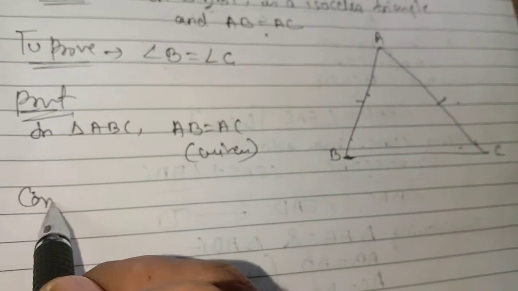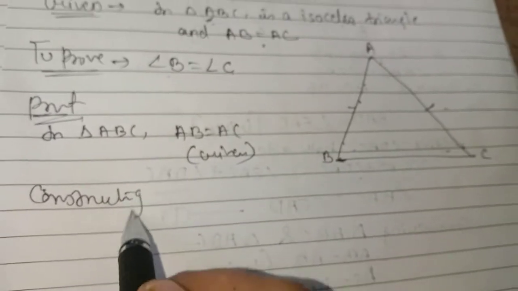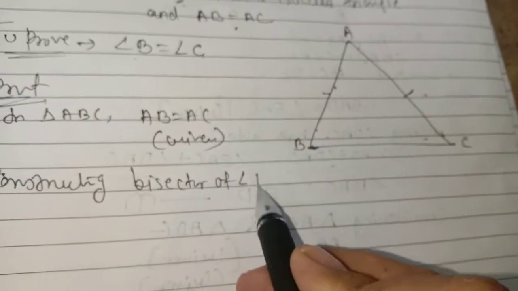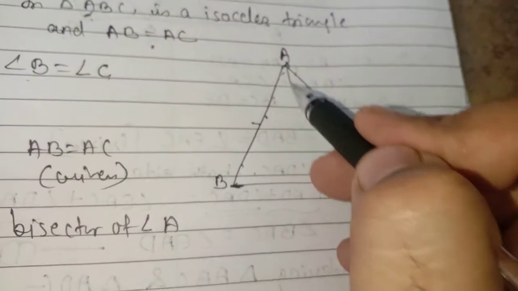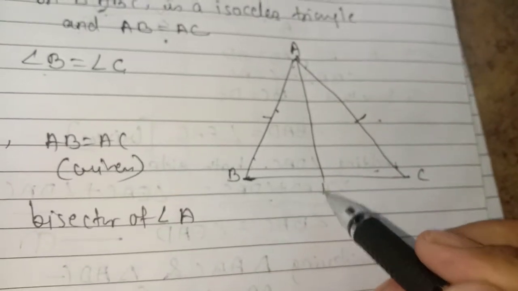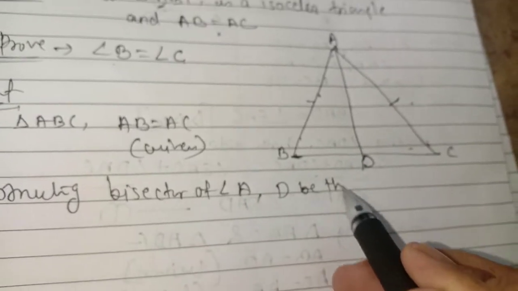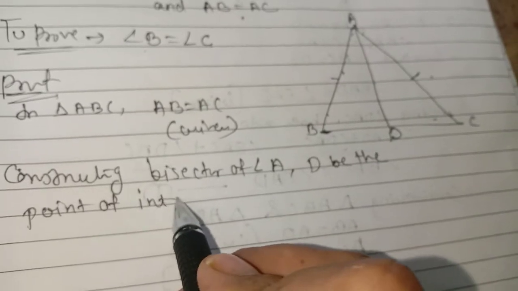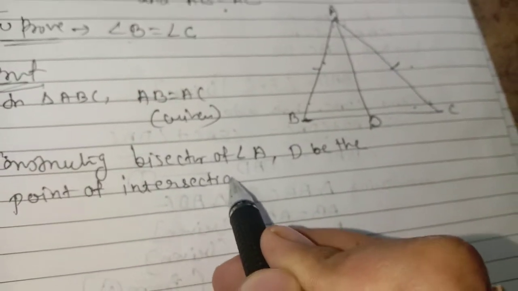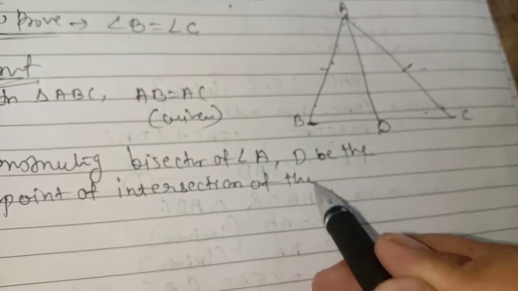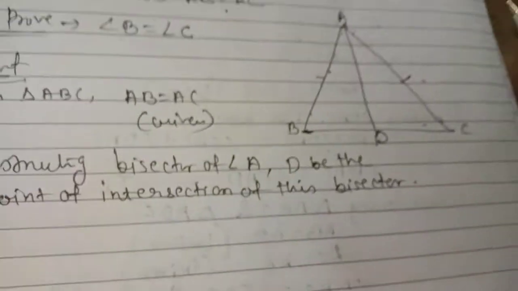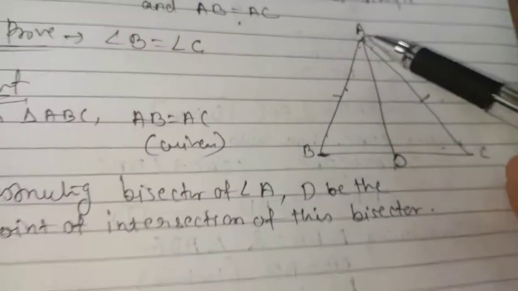Now constructing the bisector of angle A. I am going to construct the bisector of angle A in such a way that D be the point of intersection of this bisector. What extra work have I done here? I have just taken a bisector here from A to D.